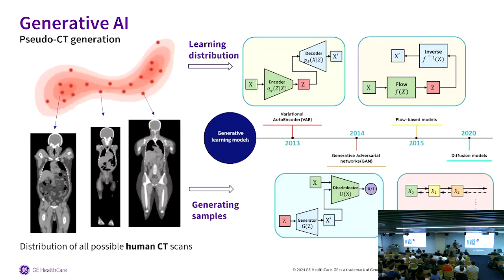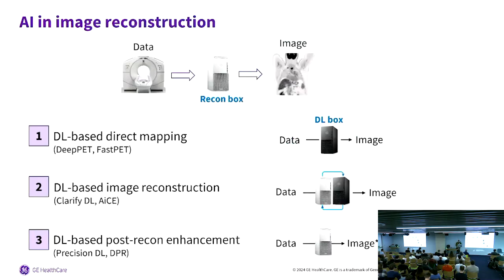So with that brief introduction of generative AI and deep learning, now I want to focus on the application of AI in imaging. Currently we get the data from a scanner and send it to a reconstruction box, which we know has all the physics, based on mathematical models we know about. So model-based reconstruction, we get the image out.